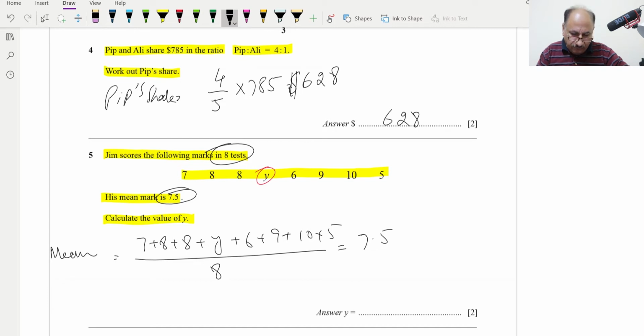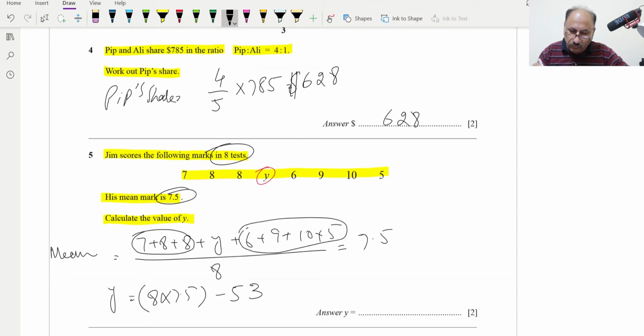So this will be y, and if we add the rest of everything, this will be equal to, so we can shift 8, so 8 into 7.5, and if we add these numbers, this one and this one, this will add up to 53, so minus 53 over here.